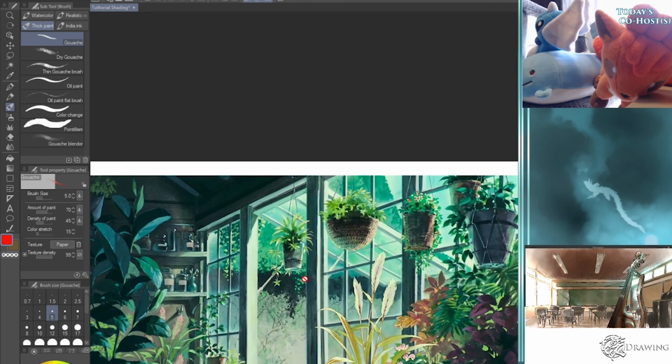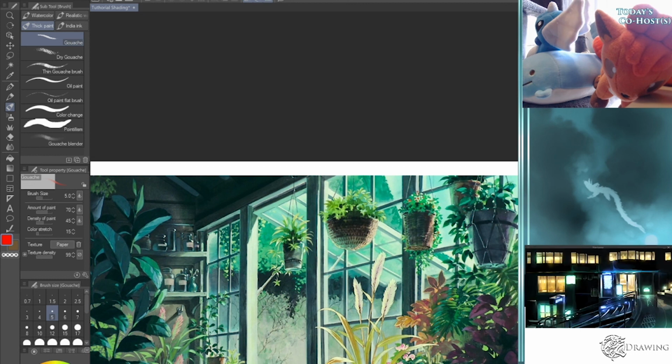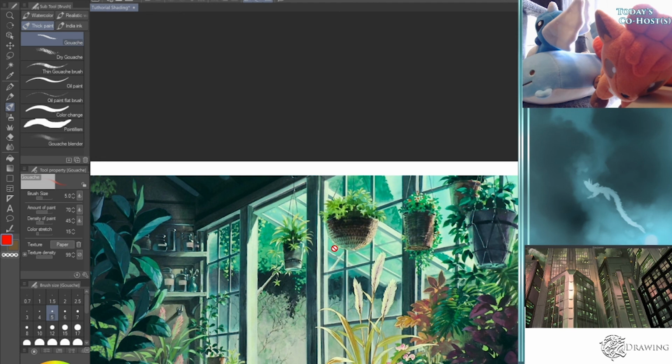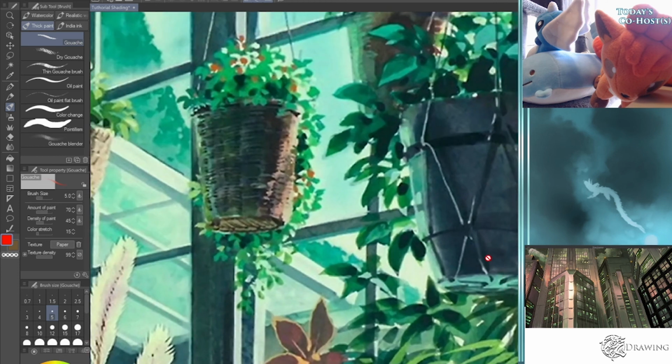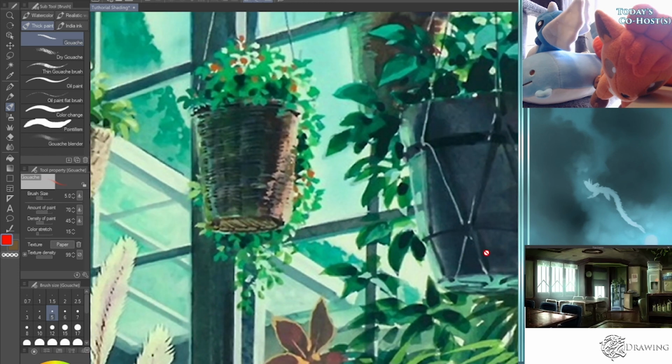Now, you might say, why is it green? There's no green lights. It's green because green plants are reflecting green lights. Do you get it? That's why we call it reflected light. You can also see a little bit of it under this potted plant over here.